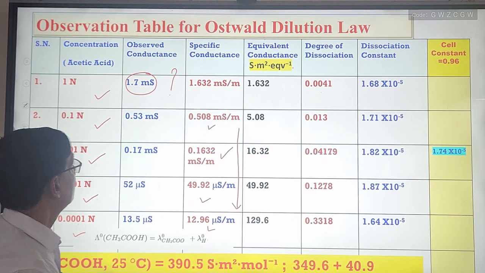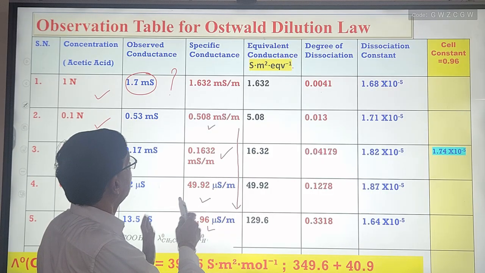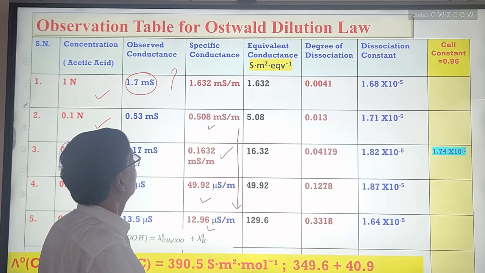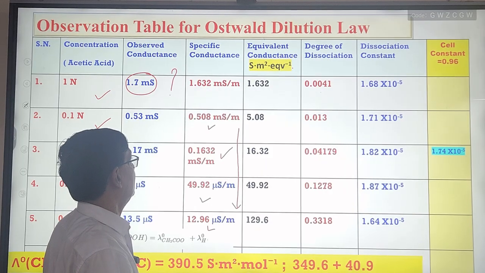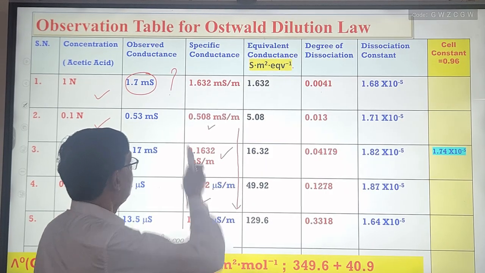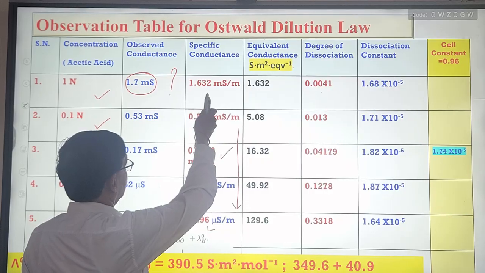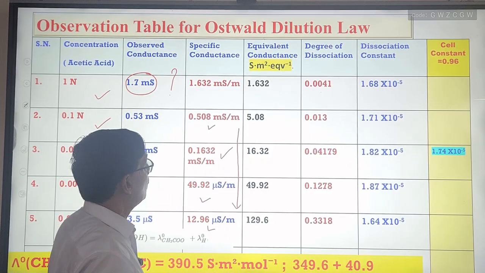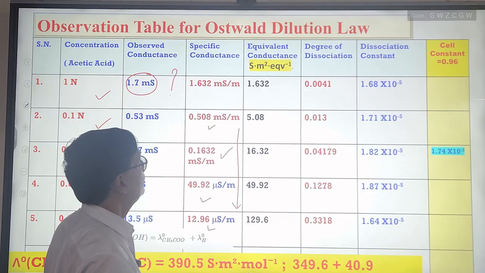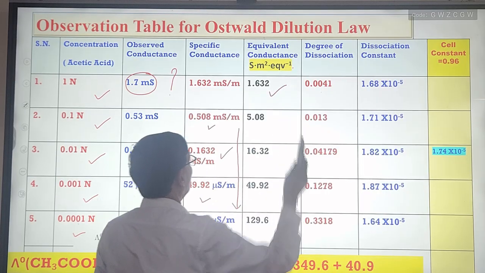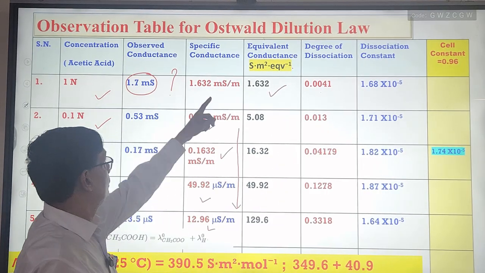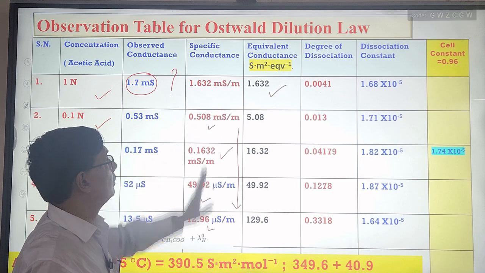Then from specific conductance we calculate the equivalent conductance, which is very simple. That means specific conductance multiplied by 1000 divided by the concentration. So in the first case I am getting 1.632 Siemens meter square per equivalent.